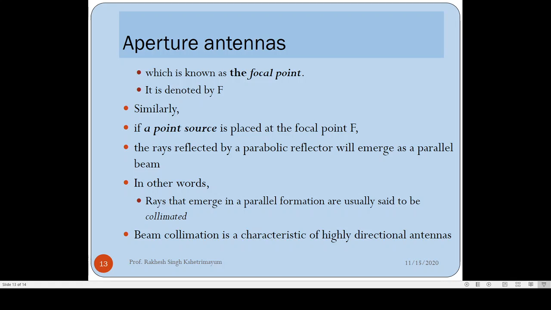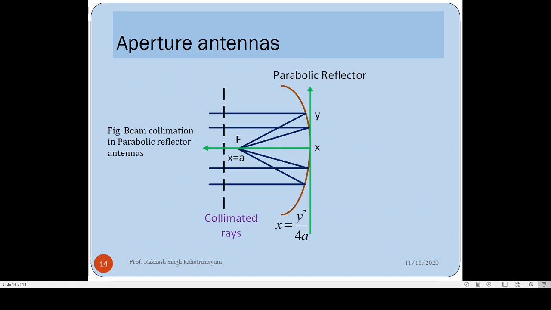And we have seen that parabolic reflectors do that. We have beam collimation from the parabolic reflector antennas. So the rays which have gone here, all of them are coming out in parallel, and what we observe at this dashed line is all parallel rays, and they are called collimated rays. And this property of the parabolic reflector will give us highly directional antennas.